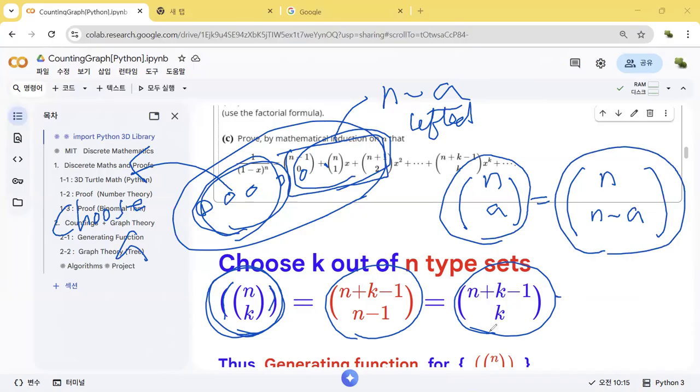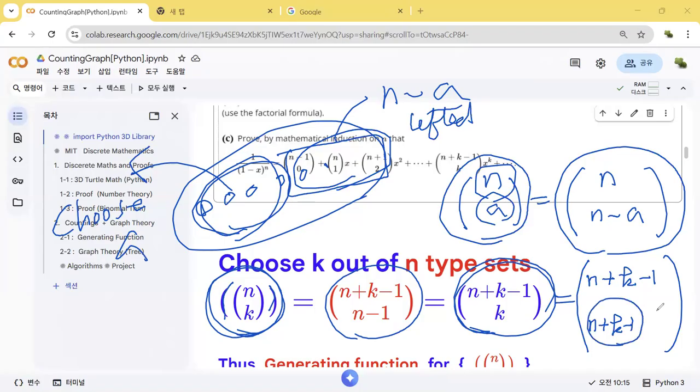So from this one, n plus k minus 1, and using this kind of thing, then this is n plus k minus 1 choose n plus k minus 1 minus k. Okay. Because as this, then the k is cancelled out. So that's the reason why n minus 1 is left out. So this is equal to n plus k minus 1 choose n minus 1.